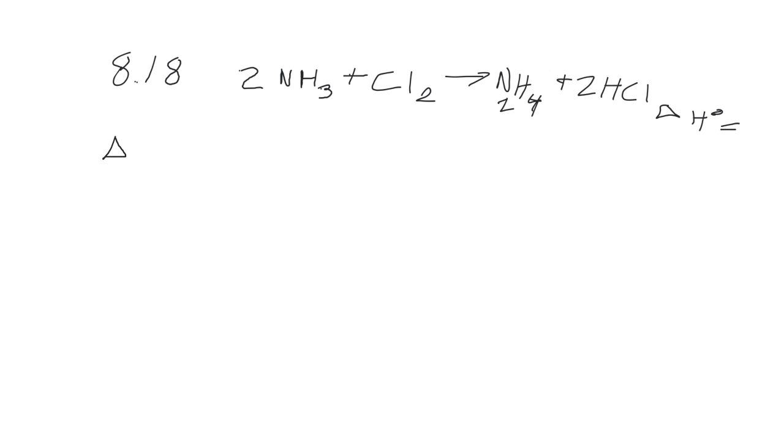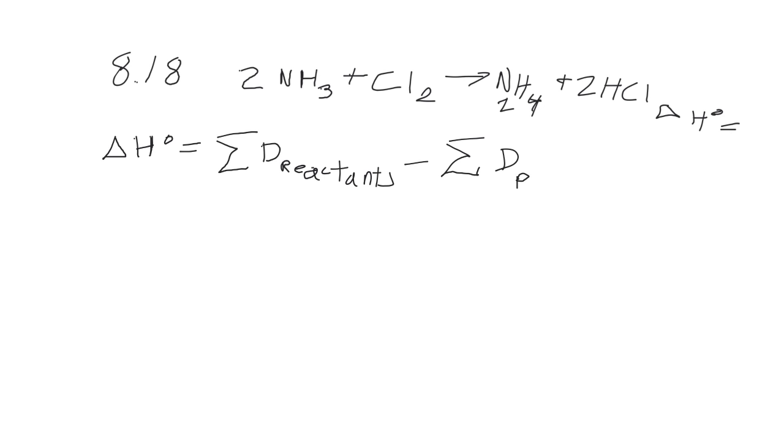Remember your formula: the change in enthalpy of the reaction is the sum of the bond dissociation energy of the reactants minus the sum of the bond dissociation energy of the products.